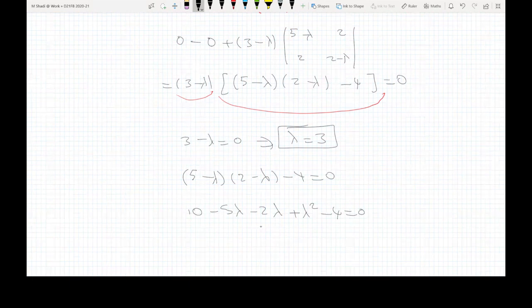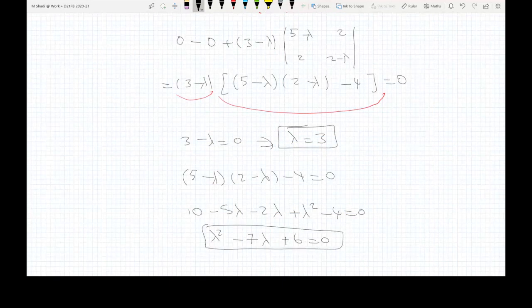Okay, so I'm just going to simplify this and reorganize it. I have lambda squared, this is the first term, minus 5 minus 2, this is minus 7 lambda, and then I have 10 minus 4, this is plus 6, is equal to 0. So this is a quadratic equation to solve. I have my first eigenvalue already from the linear equation. Now I need to find the second and the third using this quadratic equation.